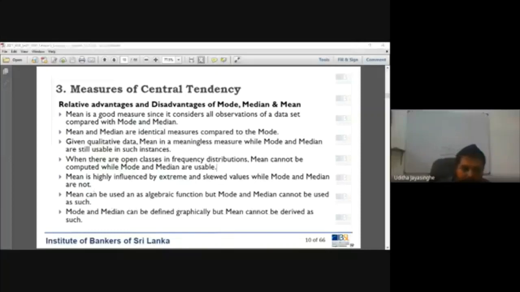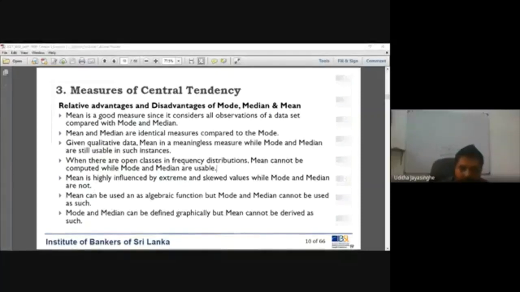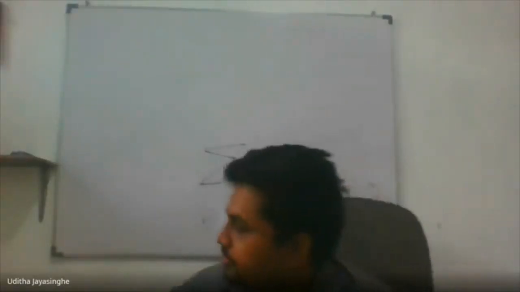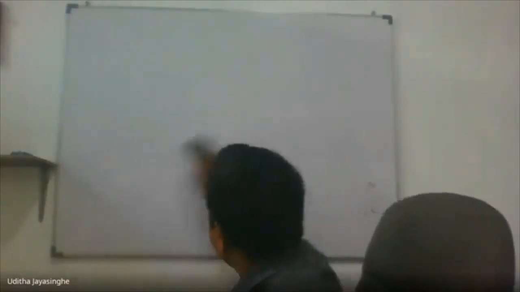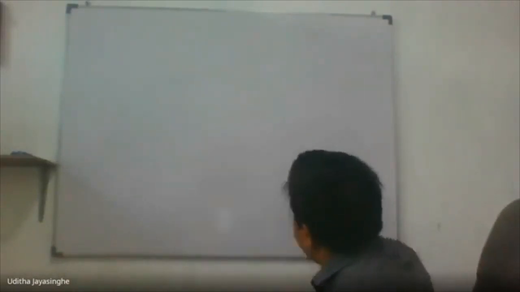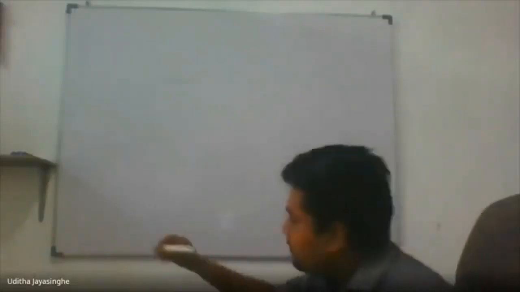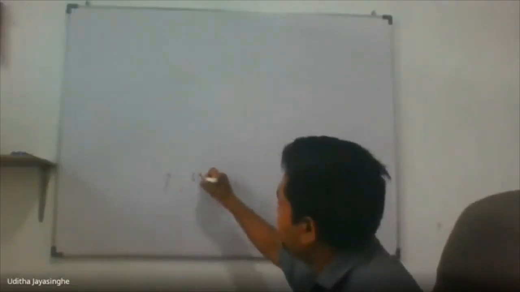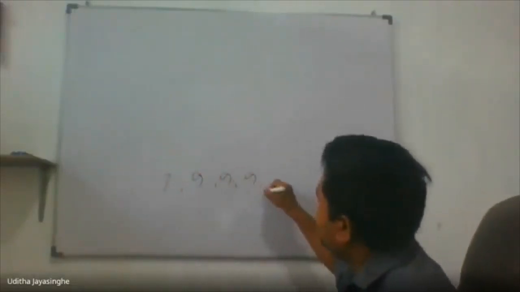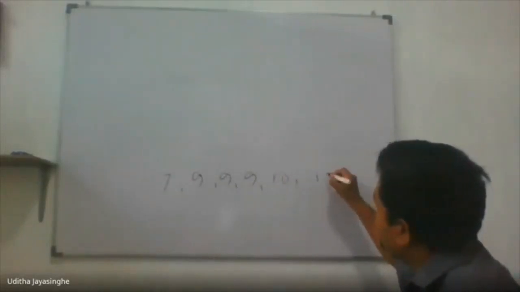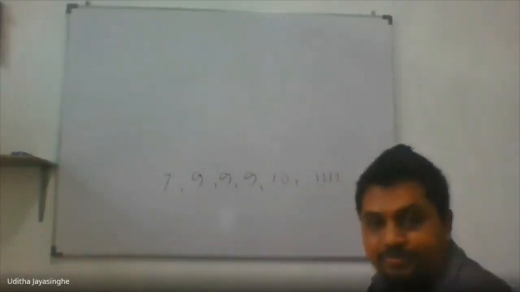I'll quickly come back to our small data set once again. You could recall our small data set of 7, 9, 9, 9, 10, and 1111.